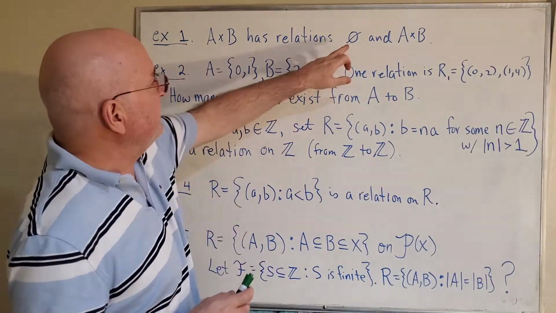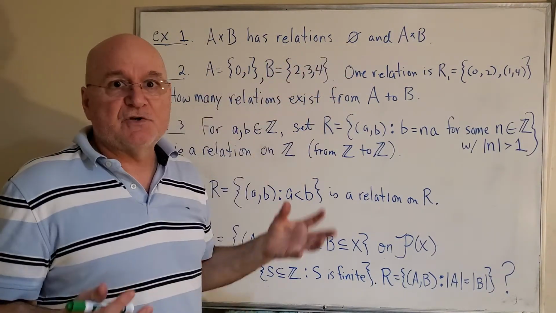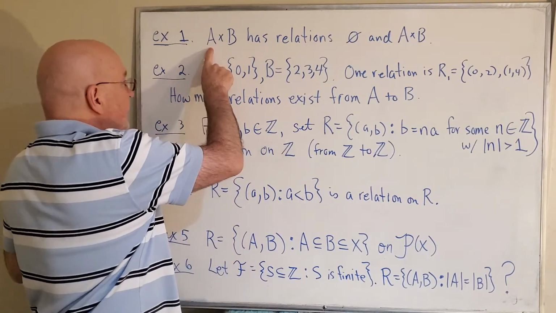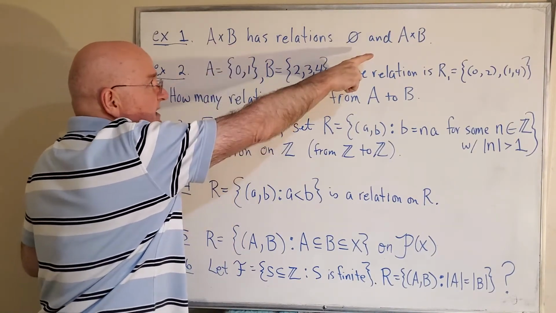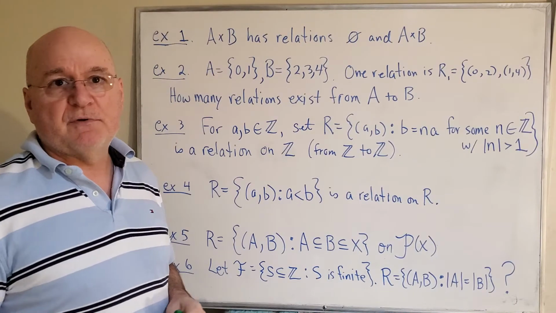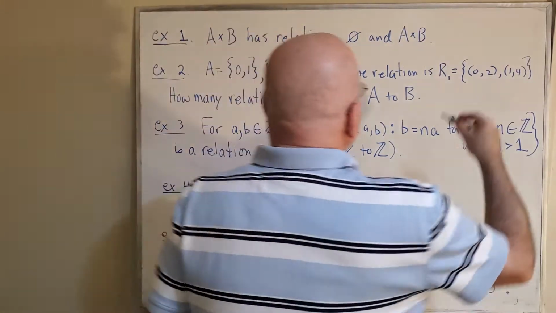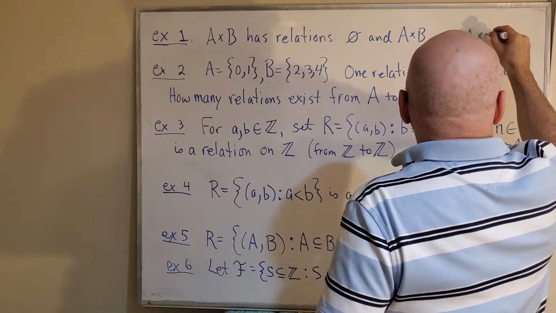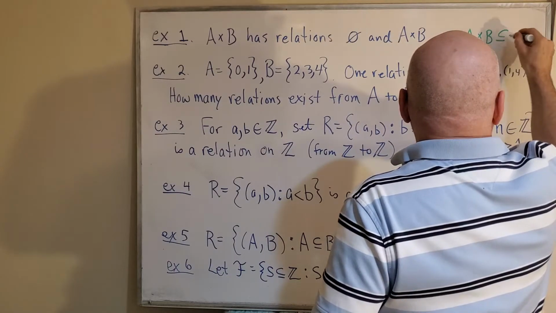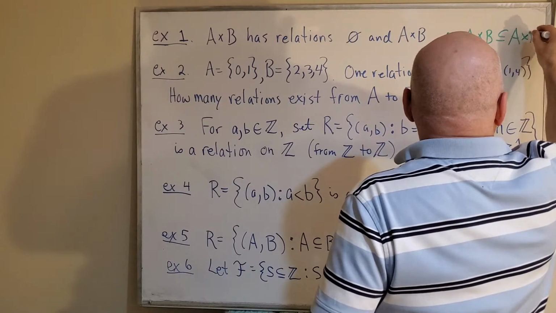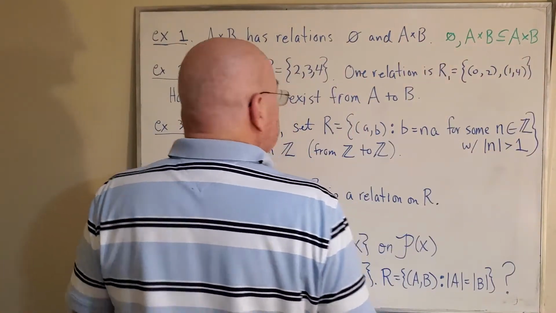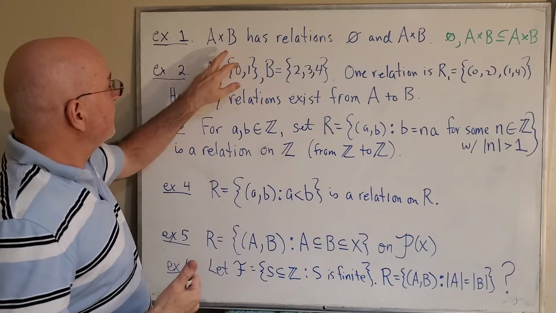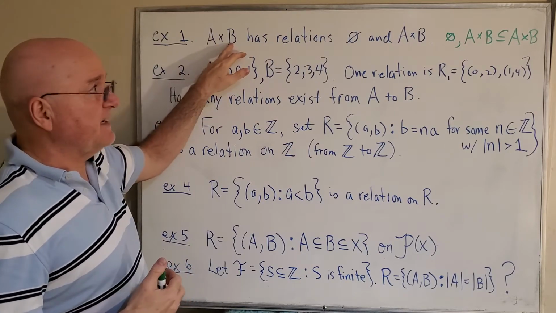So this would be the relation that has no elements in it. And then another relation would be to take the entire set A cross B, and that gives you a relation. The reason being is that the empty set and A cross B are both subsets of A cross B.